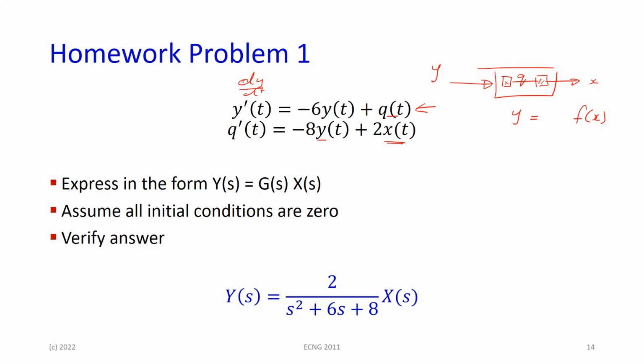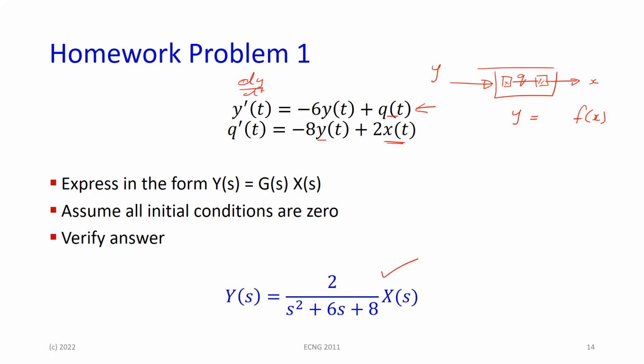So let's assume all the initial conditions are 0. In other words, the input is causal and the system has been started from scratch. If you do it correctly, you should get an equation looking like that.